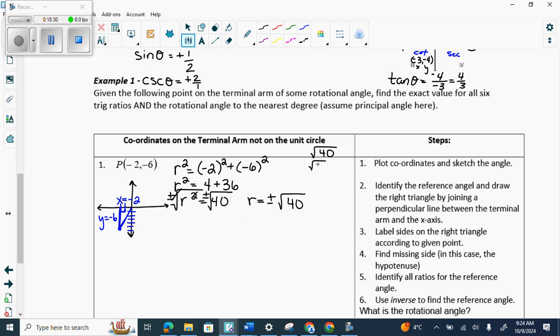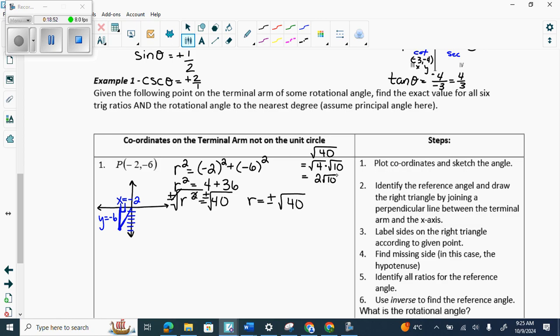Root 4 and root 10, because those multiplied together make 40. So I have an equal sign. And if I put root 40 into my calculator, and I put root 4 times root 10 into my calculator, they give me the same decimal, because they're the exact same thing. Okay? And then the square root of 4 is 2, and the square root of 10 stays square root 10.